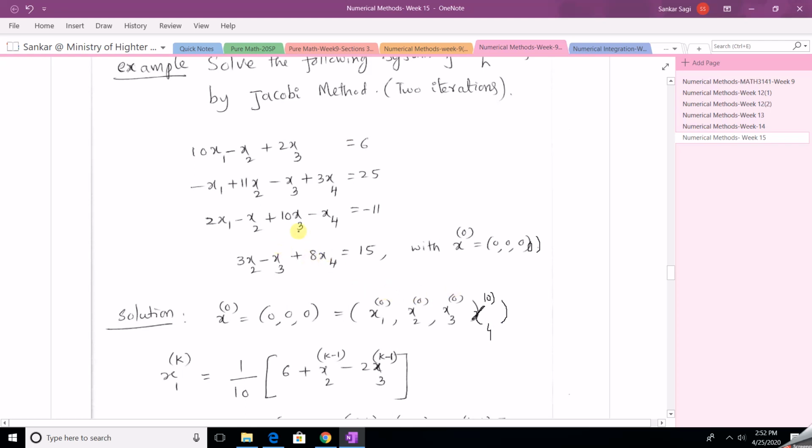You have to put 4 zeros, because there are 4 values you have to find. I'm adding that 0 here.